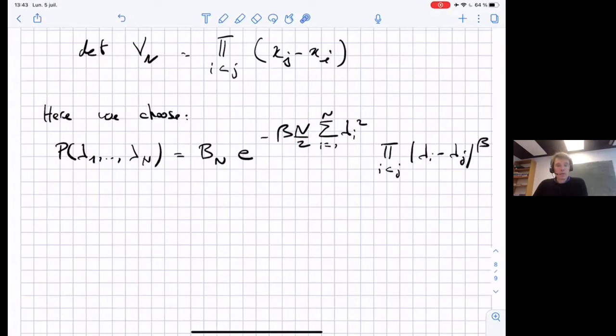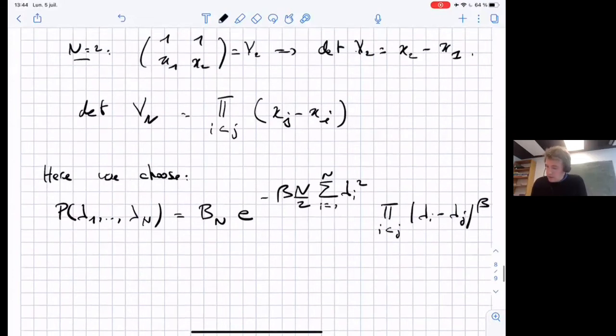This one is not innocent, and I chose it on purpose. As you will see, when we want to take the large n limit, with this scaling it turns out the typical values of the lambda i's are of order 1. I will be a bit more concrete in a minute, maybe only tomorrow, but at least that's the idea of this choice.